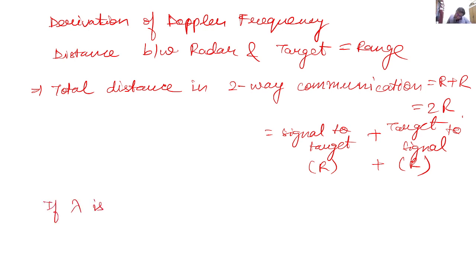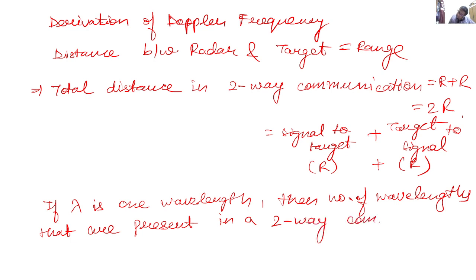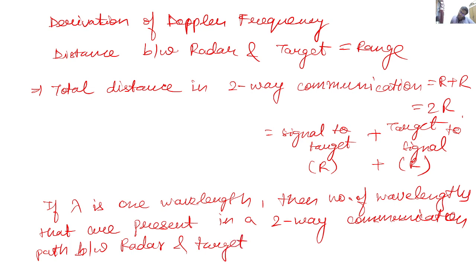Now, if lambda is one wavelength, then the number of wavelengths present in the two-way communication path between radar and target will be two times the range divided by lambda.